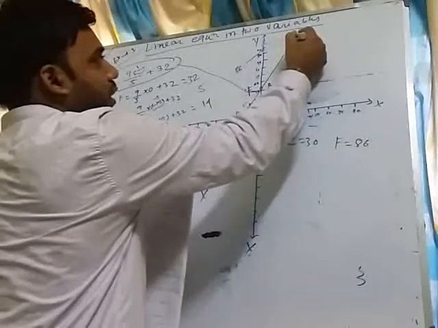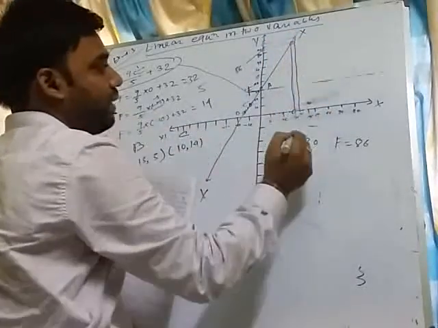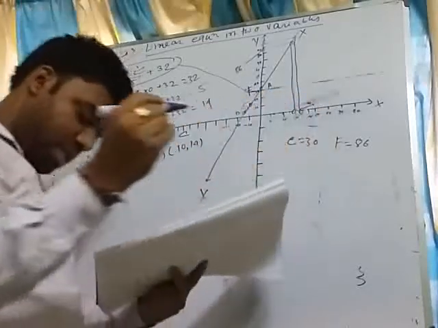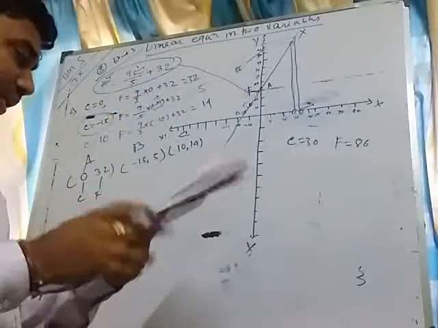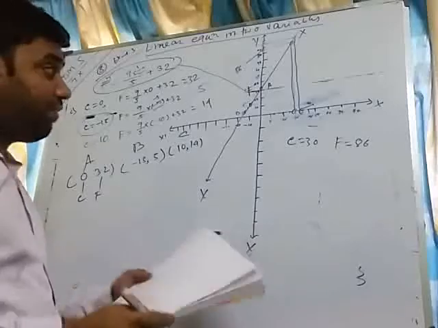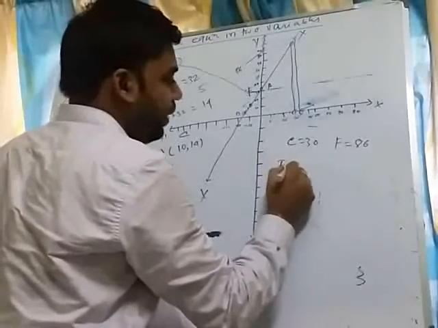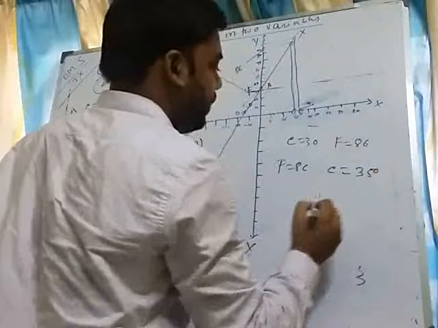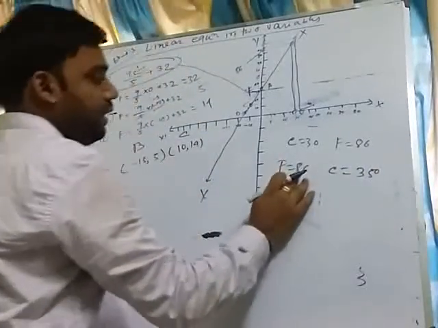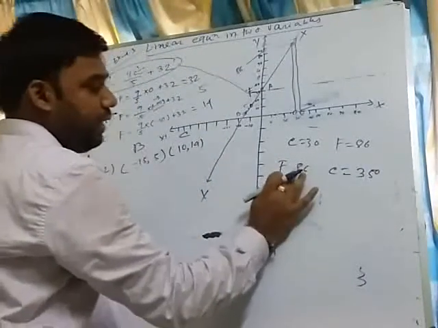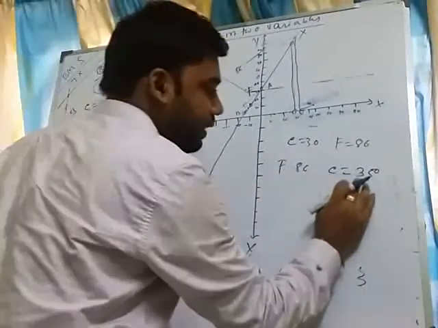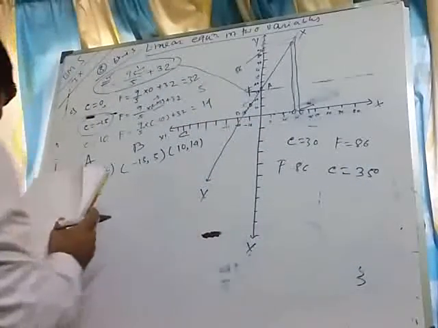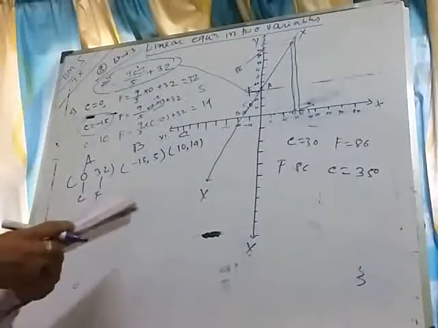From XY, draw another perpendicular to the x-axis, and you will observe that the value should be 35 degrees. So F equals 95 and C equals 35 degrees. That is measured in the Fahrenheit scale, that is 95 degrees Fahrenheit, and in the Celsius scale that will be 35 degrees Celsius. Okay. Now question number 4.